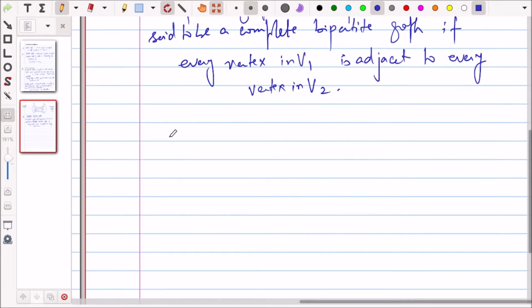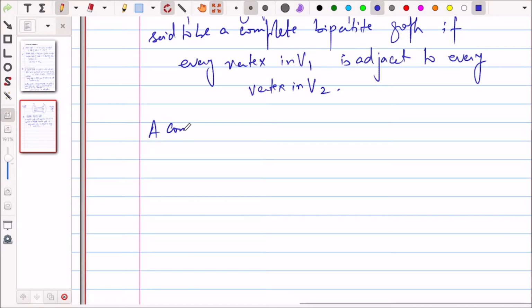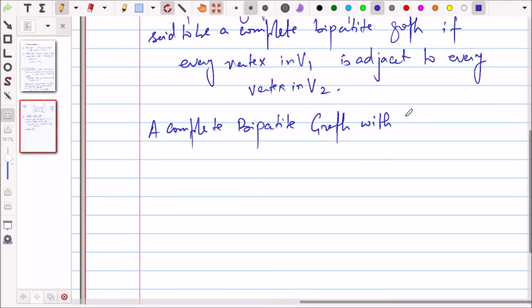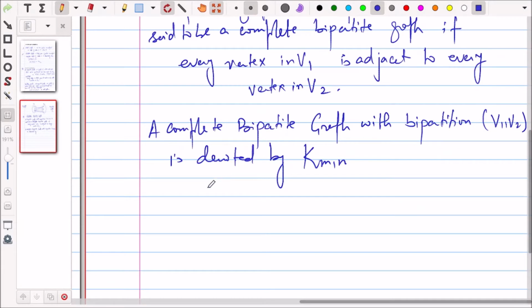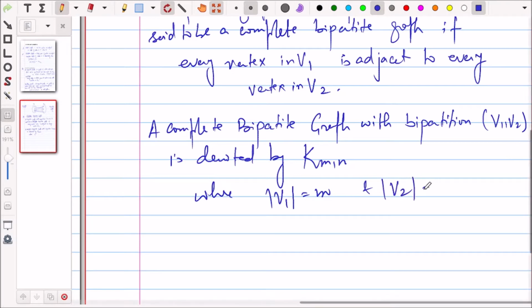For example, a complete bipartite graph with bipartition V1 V2 is denoted by Kmn, where cardinality of V1 is equal to m and cardinality of V2 is equal to n.